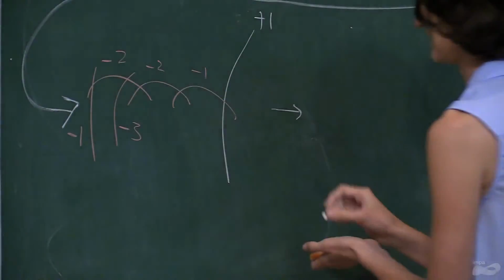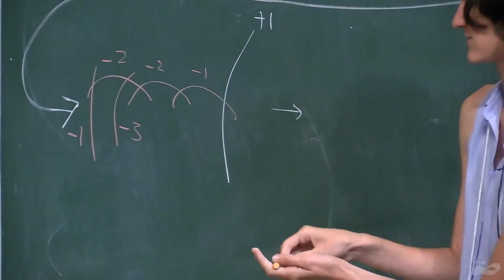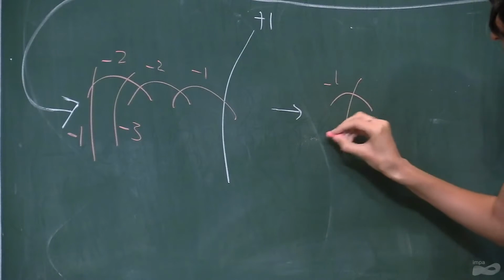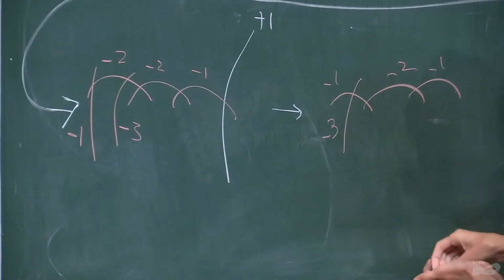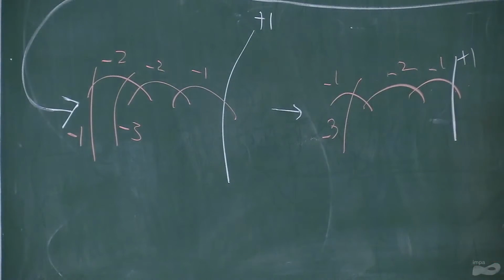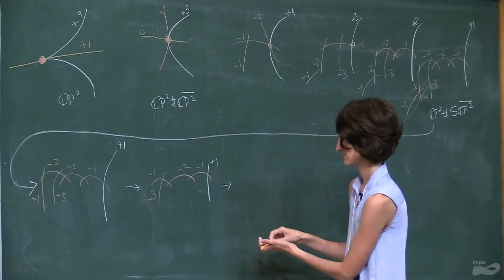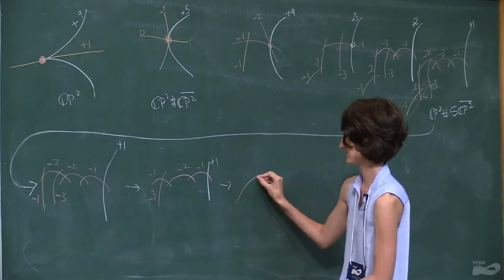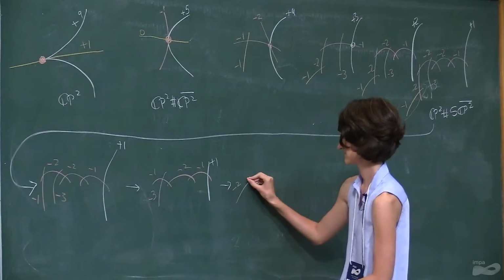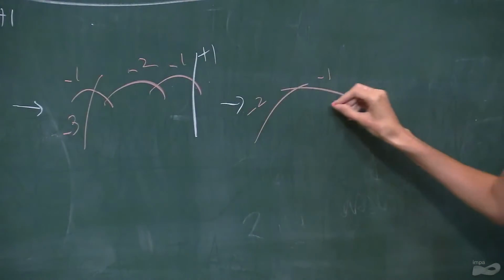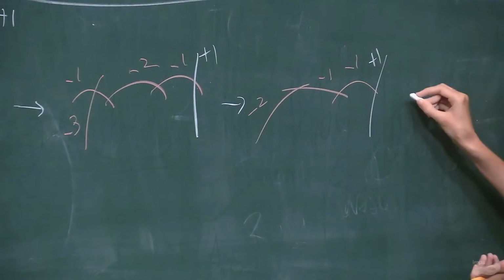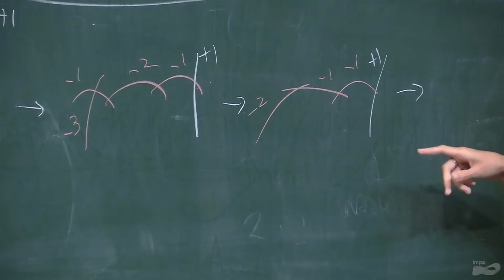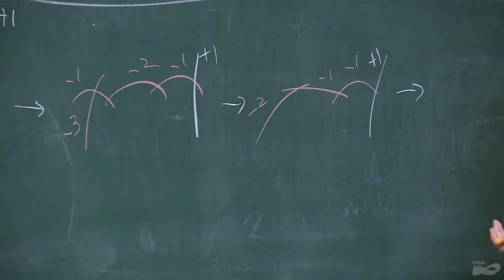Then I can blow down this new -1 sphere. And then I've got another -1 sphere, so I can keep blowing down. If I blow this one down, the -3 becomes a -2. This becomes a -1, -1, +1. Then I'm going to blow down this newest -1 sphere.